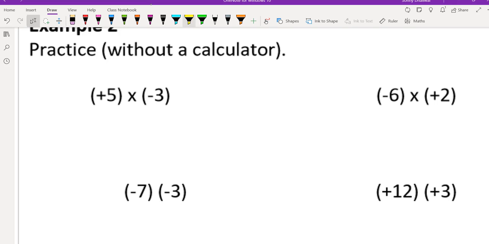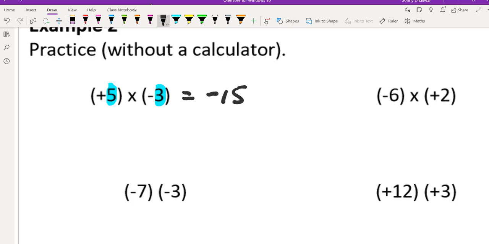Like you have 5 times 3, what do we get? 15, right? What we need to worry about is the sign. We have a positive number and a negative number. What's our final answer? Is it positive or is it negative? Negative. Good. I'm glad you guys remember that.